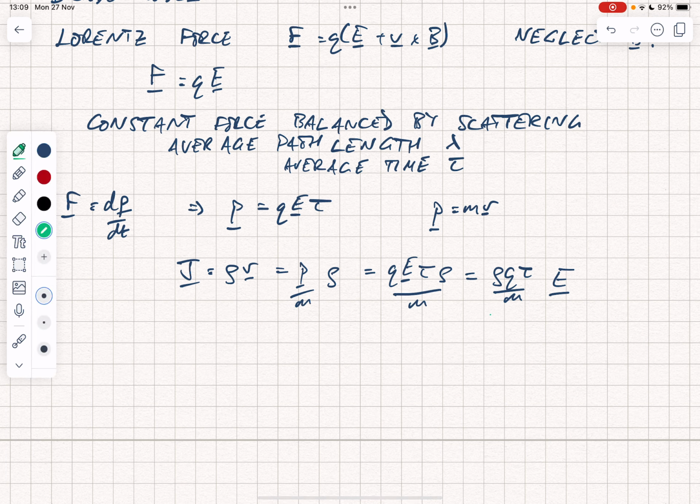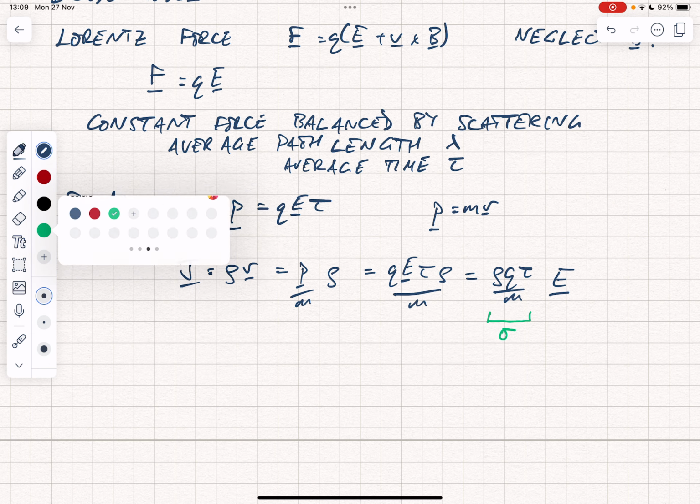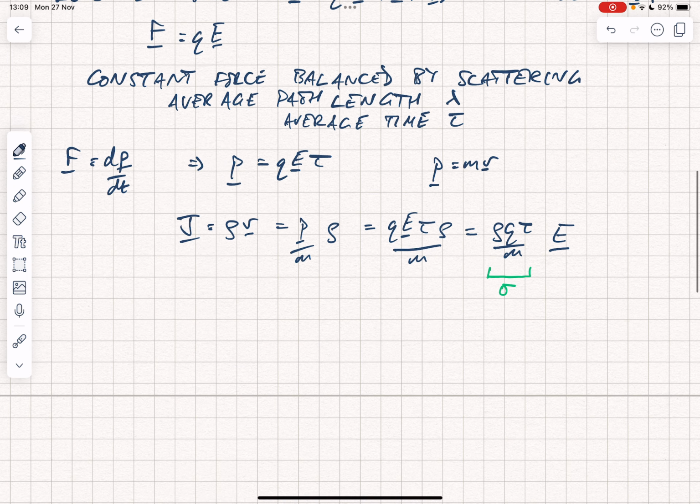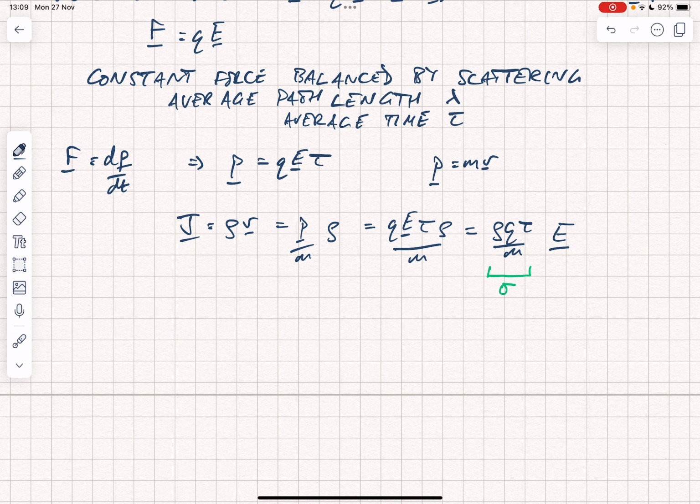And now we might choose to give this little conglomerate the label of conductivity, sigma. And this is in essence the Drude model, which explains qualitatively what goes on in a metal.